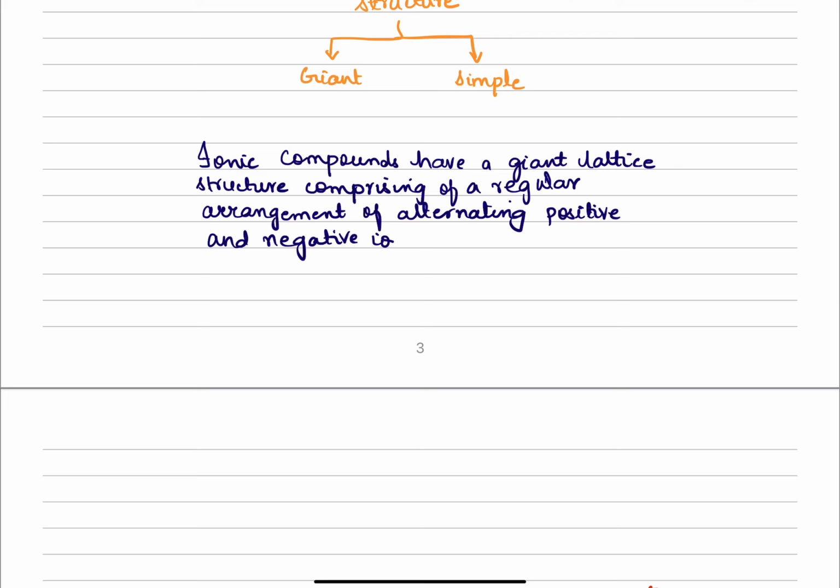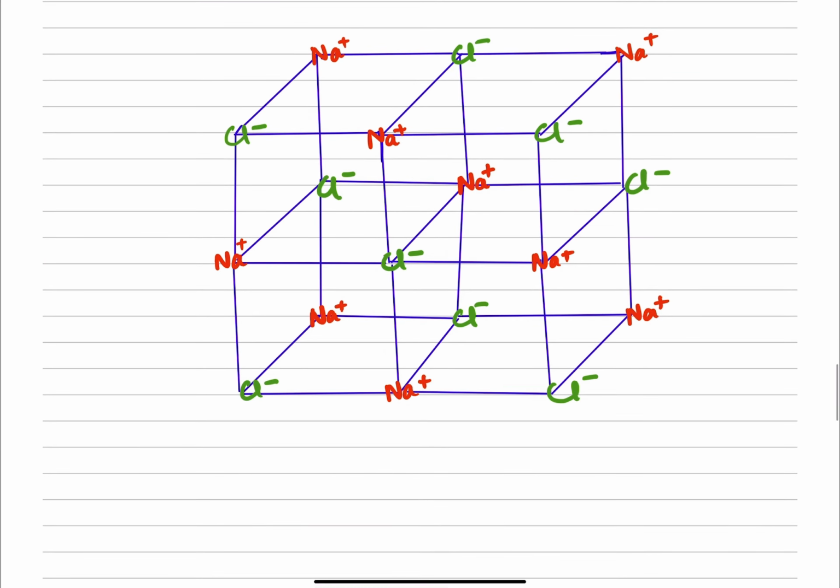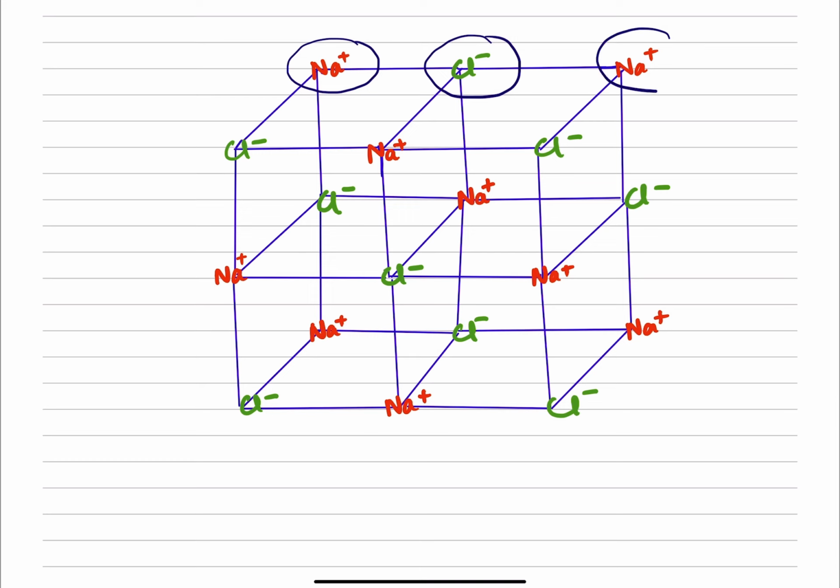If I show you the diagram of an ionic compound, let's say for example NaCl, this is the lattice structure of the ionic compound. It's a giant structure and it contains ionic bonding, and it's a lattice structure. Why? Because it's an alternating regular arrangement of positive and negative ions.